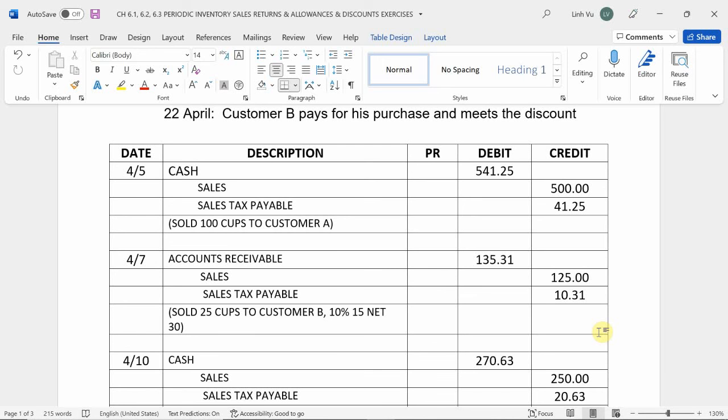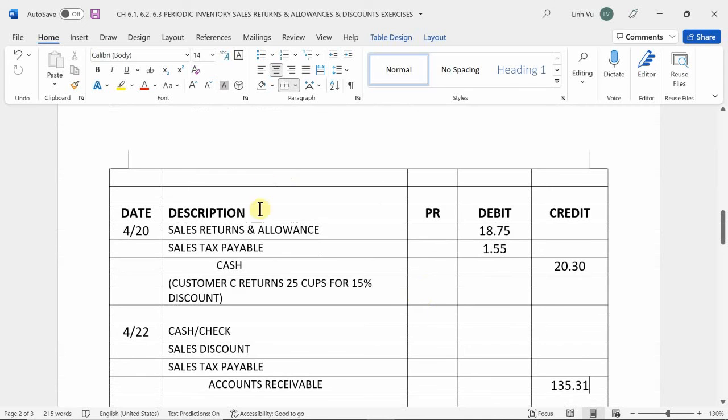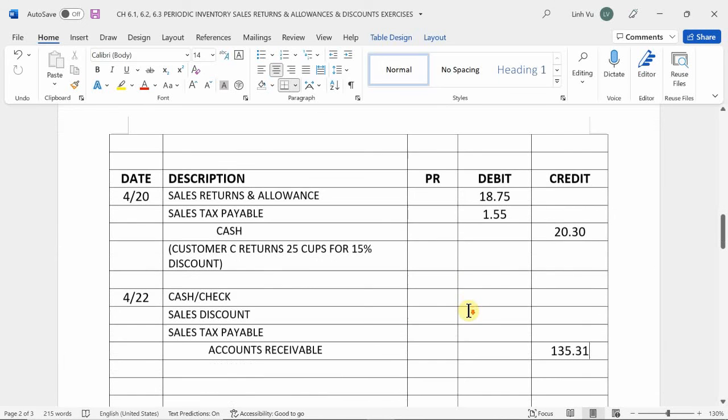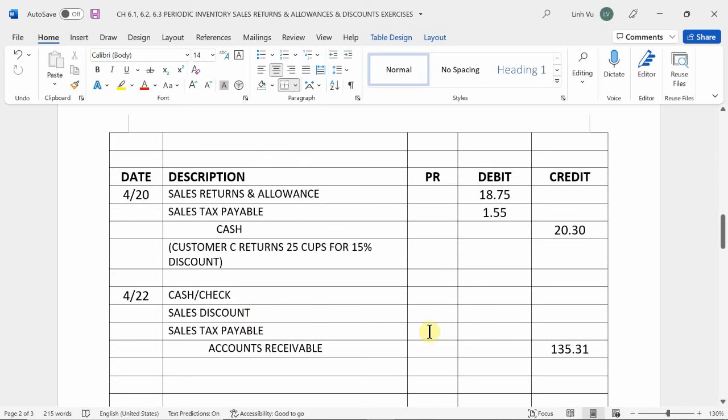Not 13.53, right? Can you take a discount off of sales tax? No. Is it 12.50? It'd be 12.50, right? Only on the sales price. So in this case, we only sold to him $125. So that means we can only discount $12.50, right? 10% of $125 is $12.50.